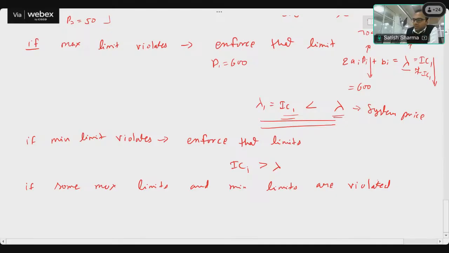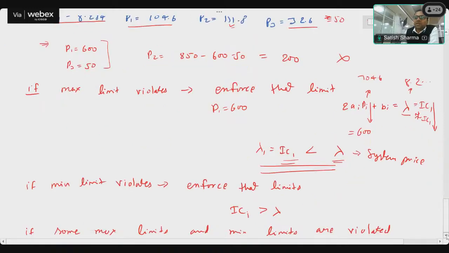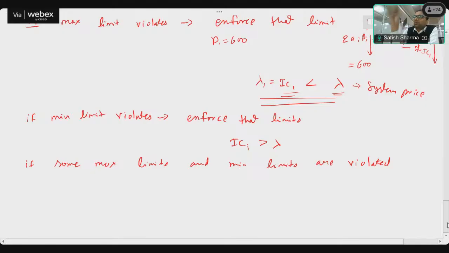That is the case with the current example, that both P1 and P3 have violated the limit. If only the minimum limit is violated, then it is fine, we will enforce that limit. If it is the maximum limit, we will enforce that as well. But when both max and minimum limits are violated, which limit should we fix first of all?